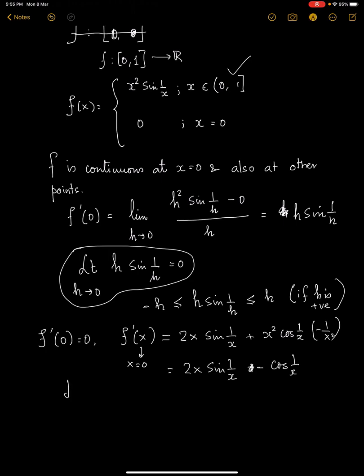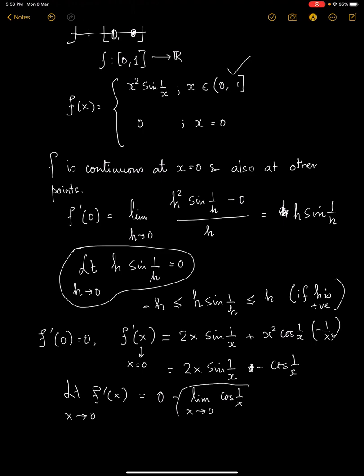Now the limit of f dash x as x tends to 0: the first term's limit would be 0, because sine 1 by x is bounded again.